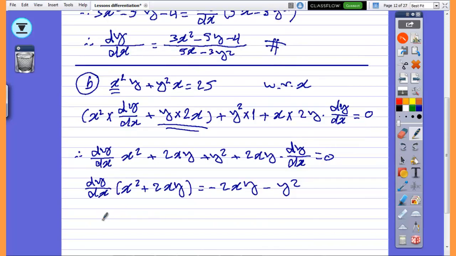So the final result is dy dx equals negative 2xy minus y square over x square plus 2xy.